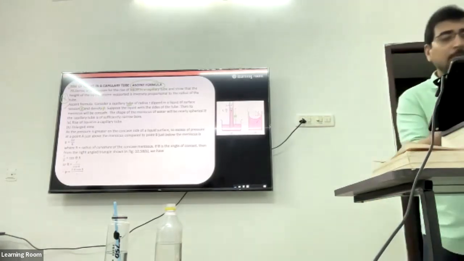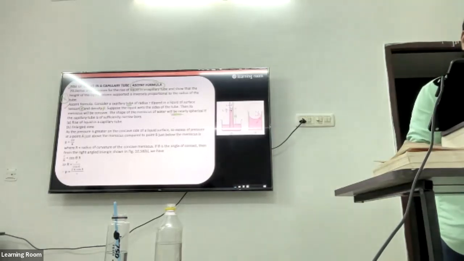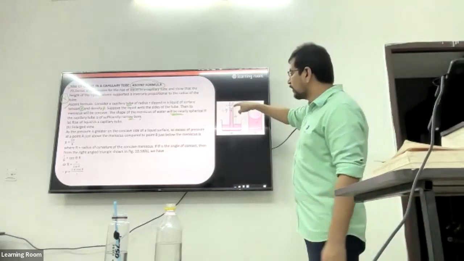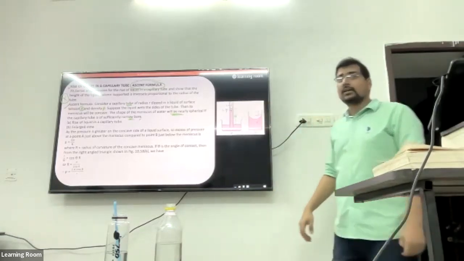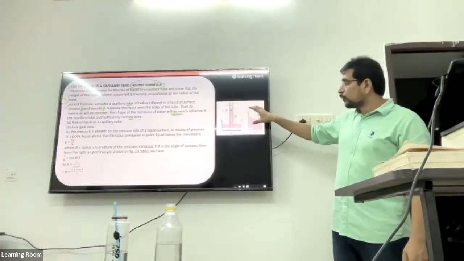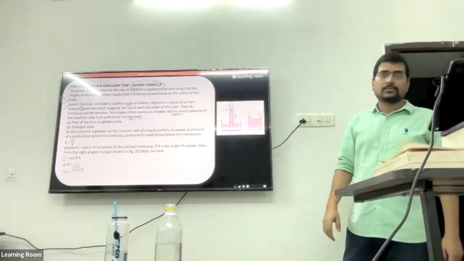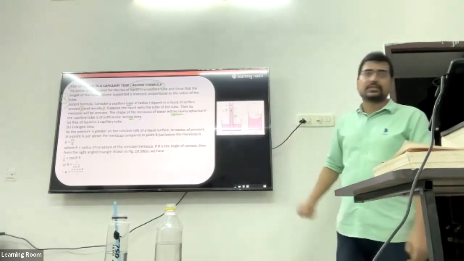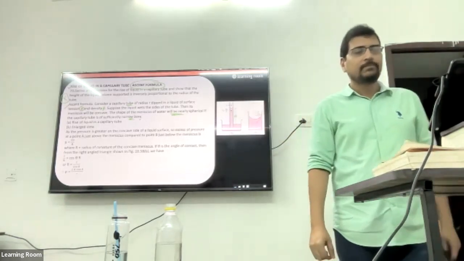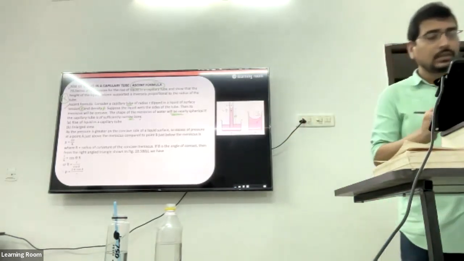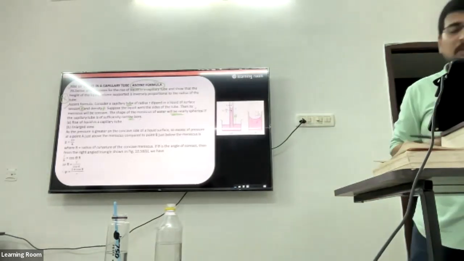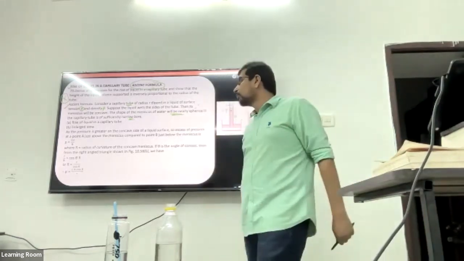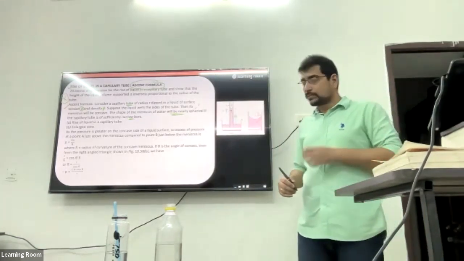The shape of the meniscus of water will be nearly spherical if the capillary tube is sufficiently narrow. If you zoom in, you can see it looks like a part of a sphere itself. That is what they are saying: the shape of the meniscus will be nearly spherical if the capillary tube is sufficiently narrow.